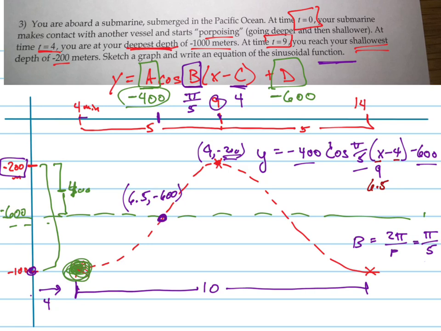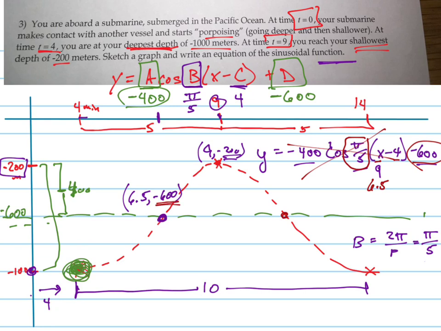Plug in 6.5 here instead of 9. 6.5 minus 4 is 2.5. 2.5 is half of 5, so that becomes the cosine of pi over 2. And the cosine of pi over 2 is 0. So this whole thing goes away and you just get negative 600. And that's exactly what you should get.